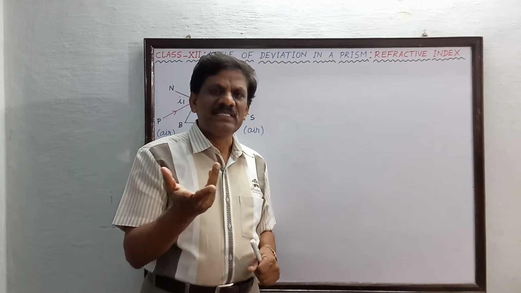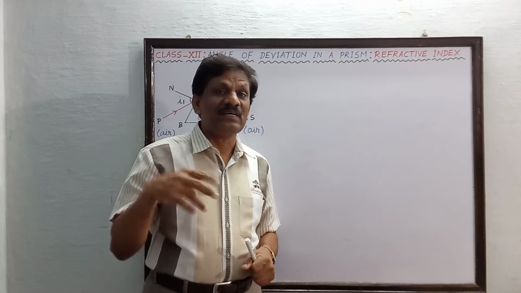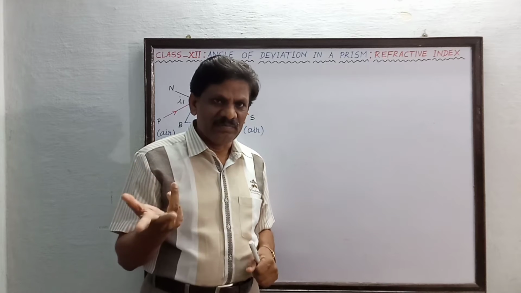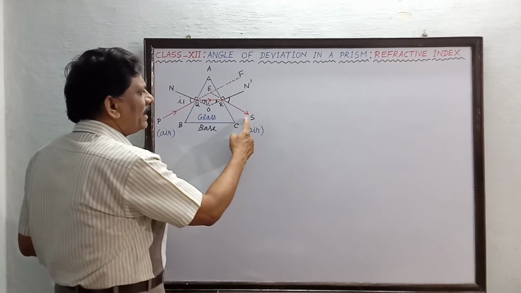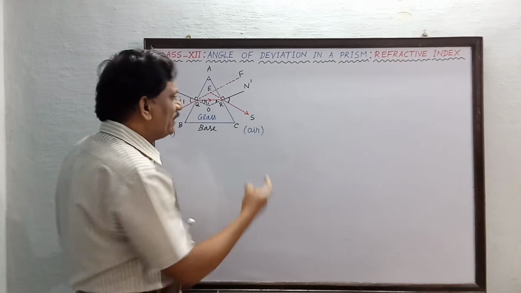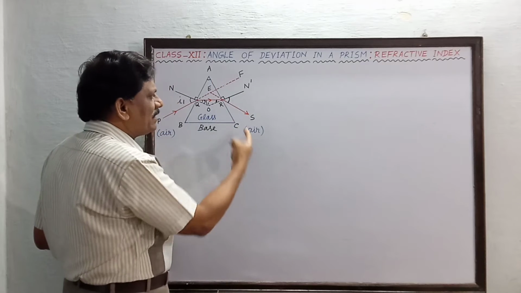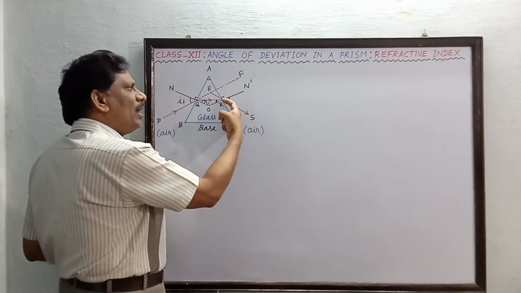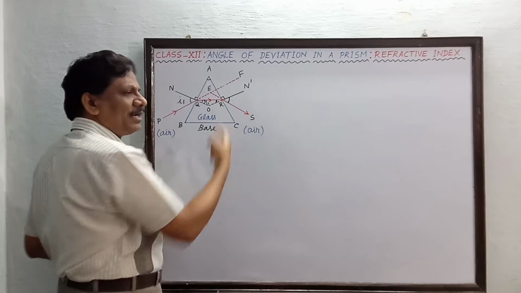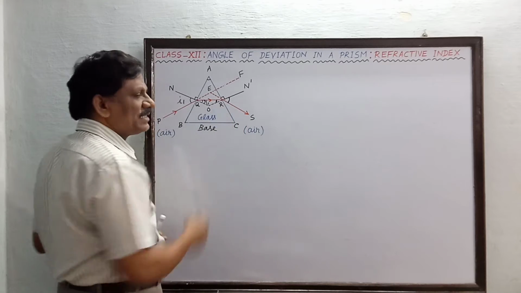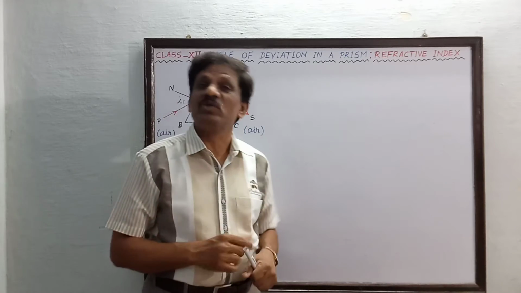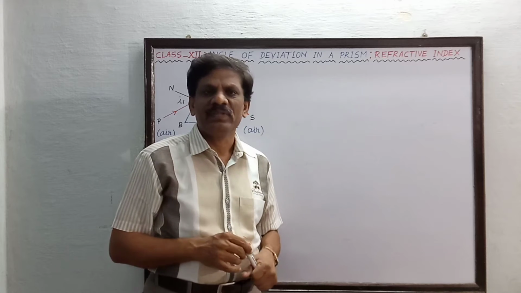So I will take the principle of reversibility of light. That means if a ray of light enters inside this glass prism from S to R, then in which direction should the light travel inside the glass prism?